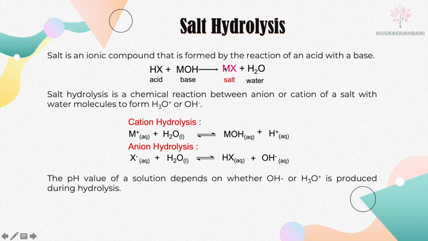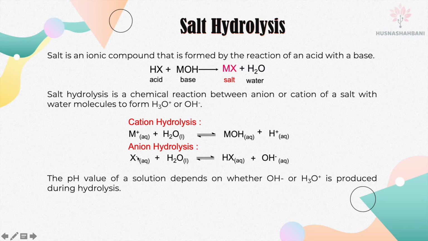From the salt we will get a cation and an anion, which react with water molecules to form H3O plus or OH minus. The M plus, the cation from the salt here, hydrolyzes in water to get MOH plus H plus. This is cation hydrolysis.